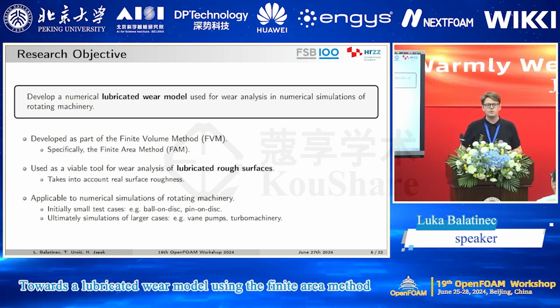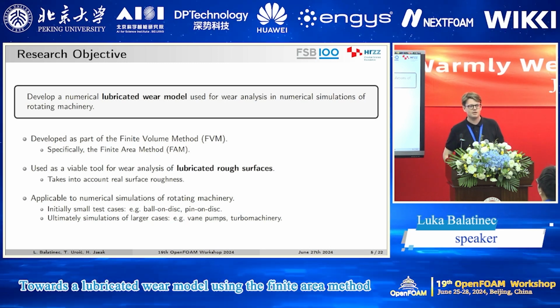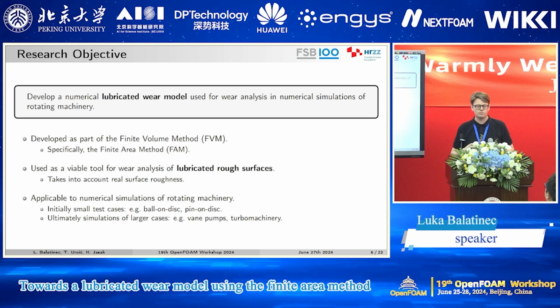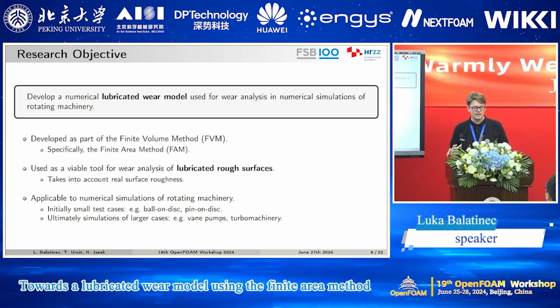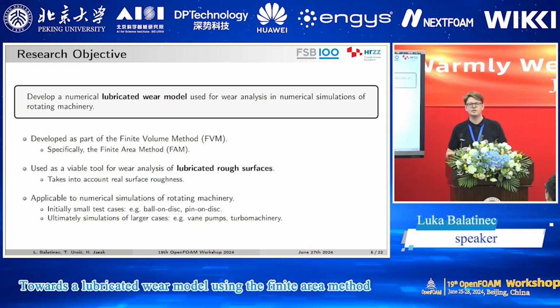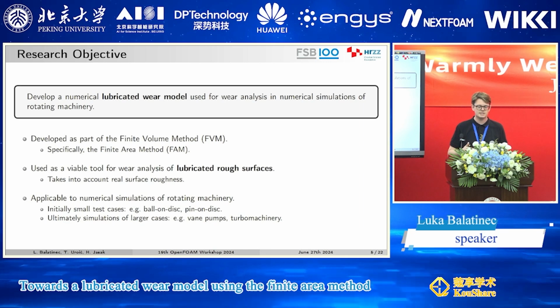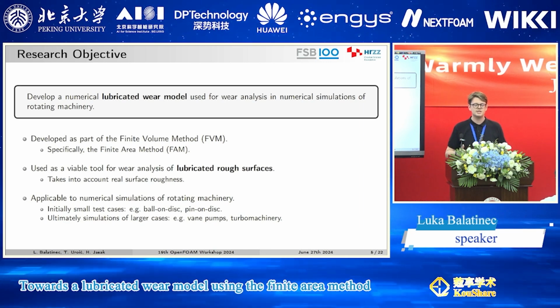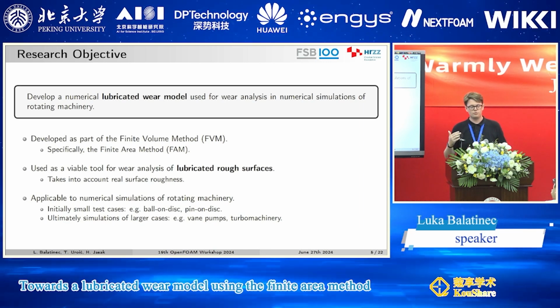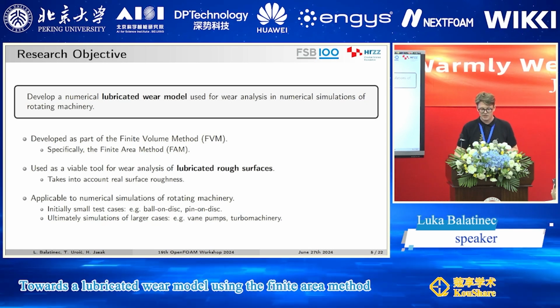It needs to be applicable as a viable tool for wear analysis of lubricated rough surfaces, meaning that it needs to be able to take into account real surface roughness. And lastly, we want it to be applicable to numerical simulations of rotating machinery, which means initially we'll be using small test cases like ball on disc and pin on disc cases, and we will later move on to larger cases such as turbomachinery examples or vane pumps.